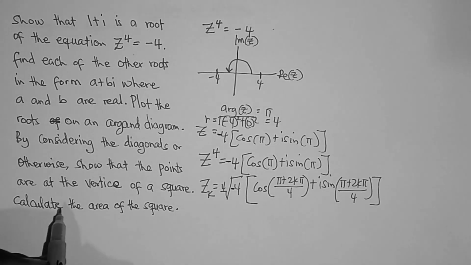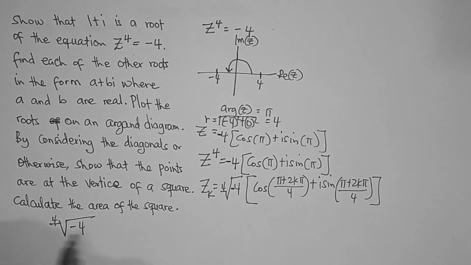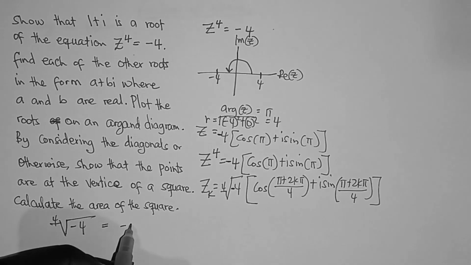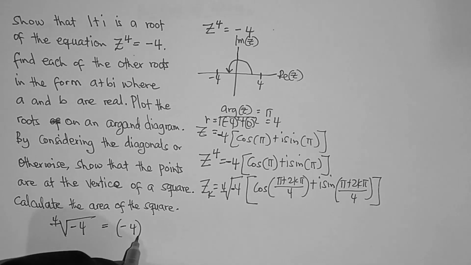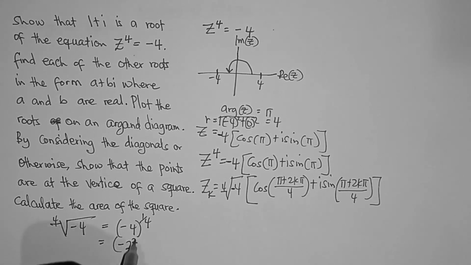Now let's solve it here. The fourth root of minus 4 can also be written as minus 4 exponent 1 over 4. And minus 4 can be written as minus 2 squared exponent 1 over 4.